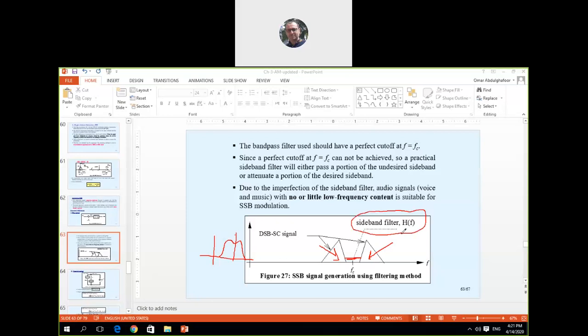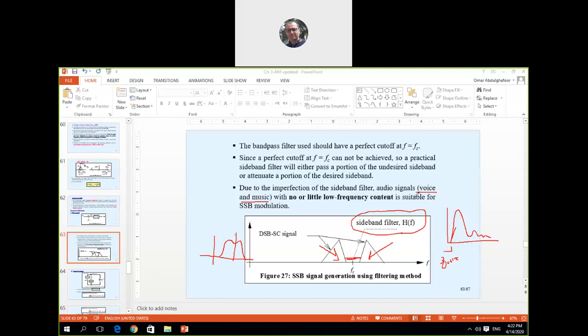So where can we adopt this technique? It can be adopted for voice signals. Voice and music signals show some separation. If we draw the frequency response of voice, there are not many frequencies at zero, and even if we remove the frequencies below 300 hertz from voice or music, it will not affect the quality of the signal.